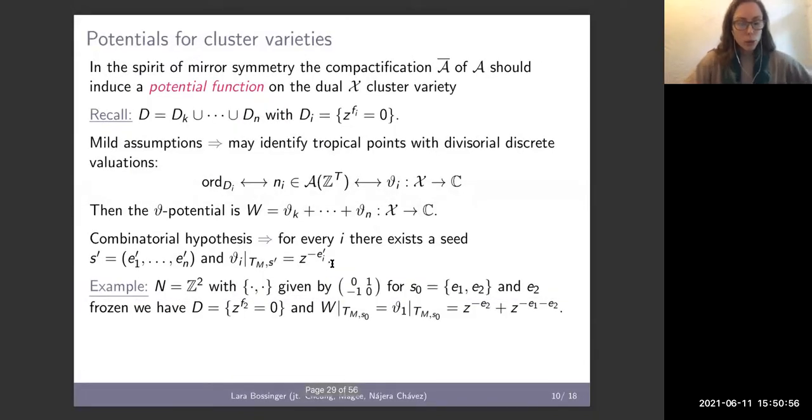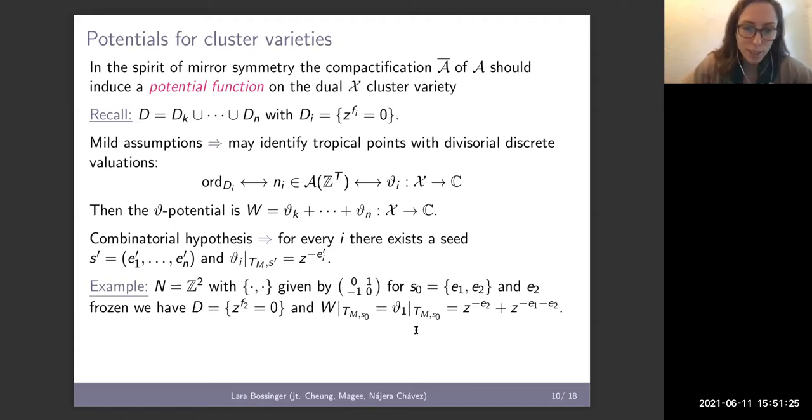So if we go to our baby example, here I decided to never mutate in the direction e2. So my divisor was z to the f2, z equals 0 on the A variety. And it turns out that not in the initial seed, but in the other seed, the corresponding vertex of the quiver is a sink.